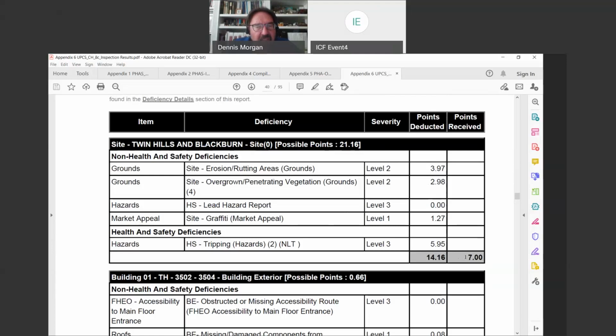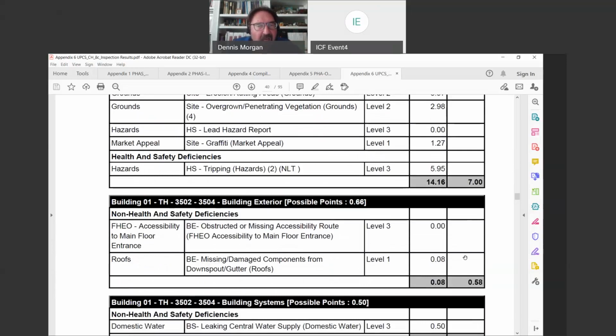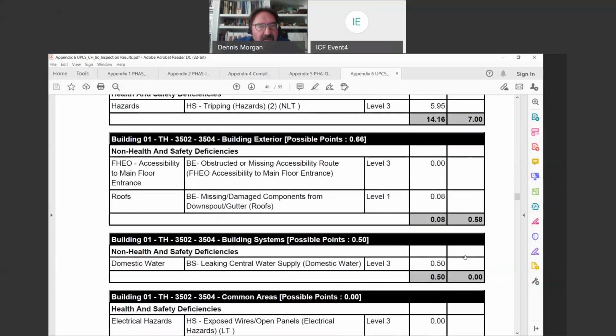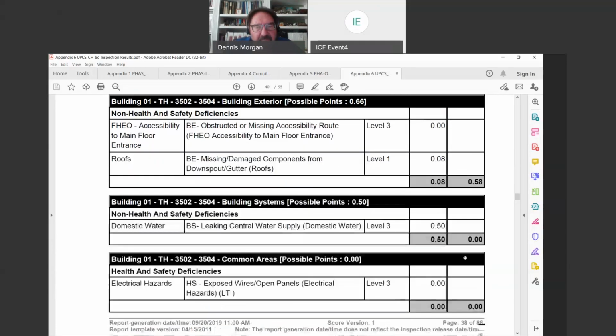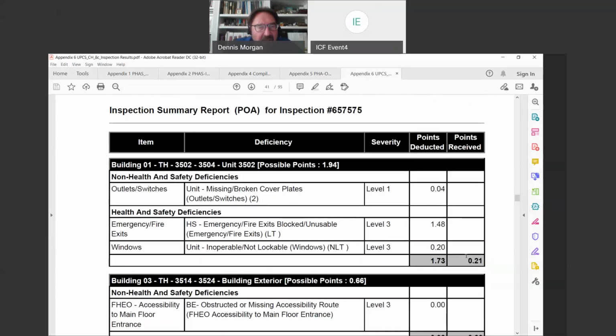This provides me the detail, and it also provides that information that I don't want to keep repeating. Here's my buildings and building information, but look at where my points lie. Here I've got blocked egress. Level 3, health and safety, LT, 1.48 points associated with that single deficiency alone.